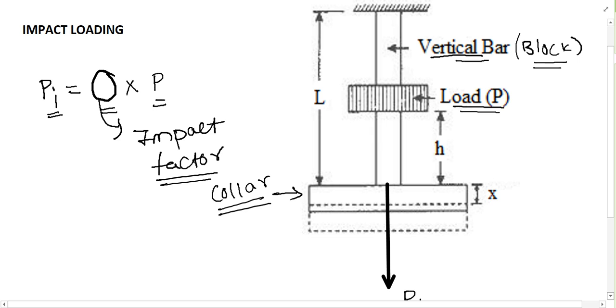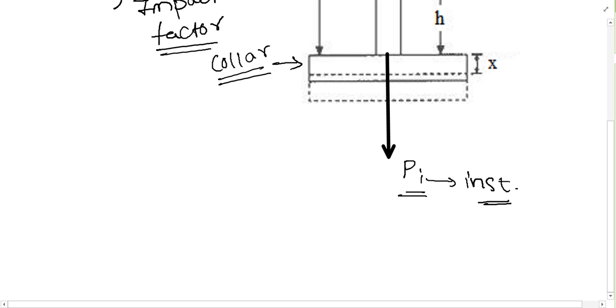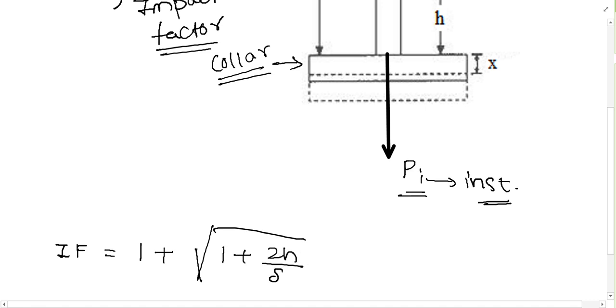Now there is a formula for this impact factor. Here I am not going to derive the impact factor; I am directly going to give you the formula. The impact factor is given by 1 plus square root of 1 plus 2h upon delta static.